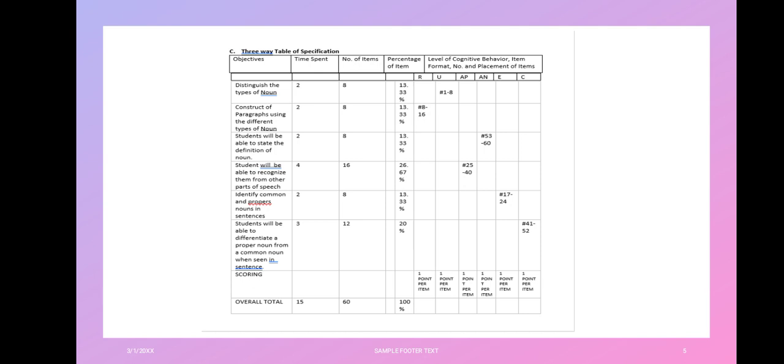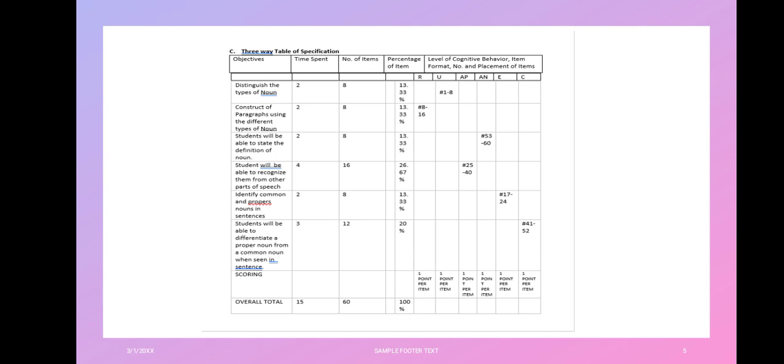Number 2 falls under remembering, which is number 8 to 16. Number 3 and number 4 fall under emphasizing, which is 17 to 24.